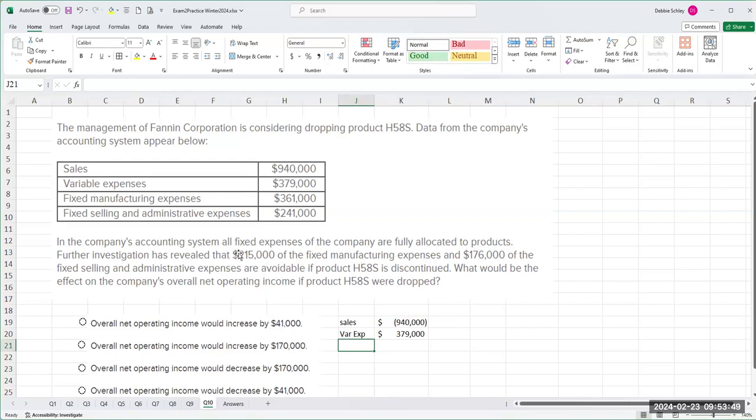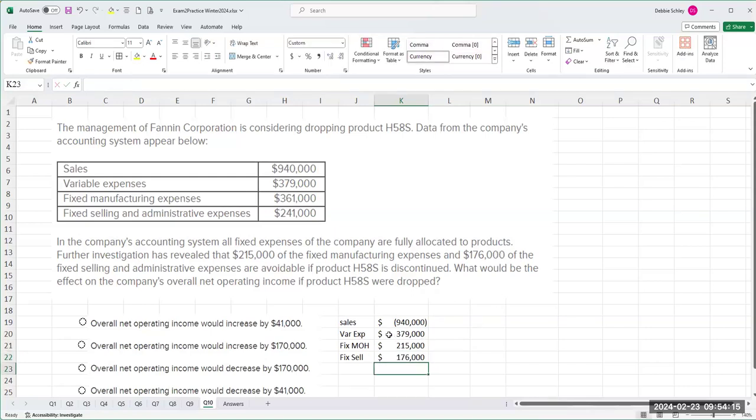They are avoidable. So 215,000 of the fixed manufacturing overhead is money I don't have to pay anymore. So that is a positive. And then the fixed selling and administrative that is avoidable is the 176,000.